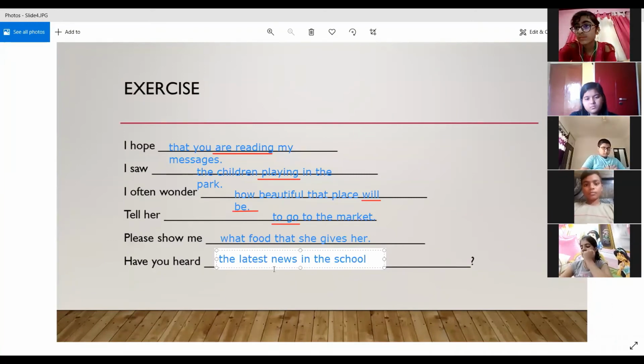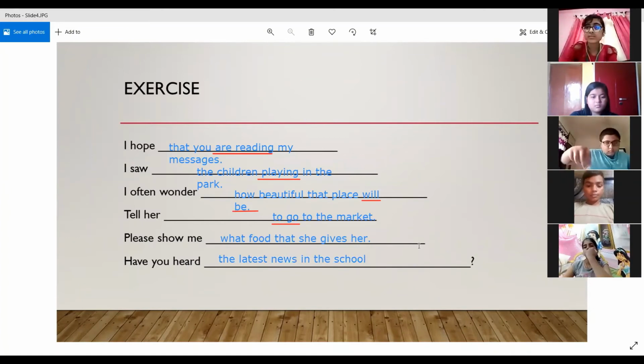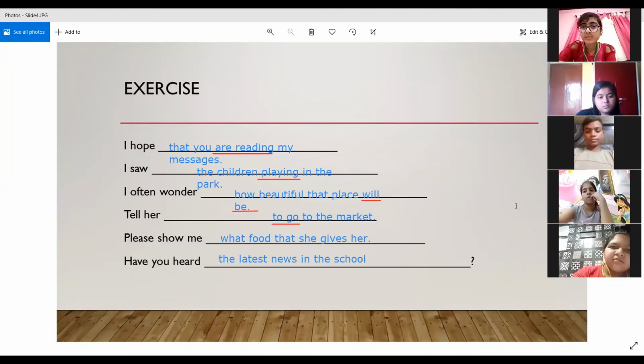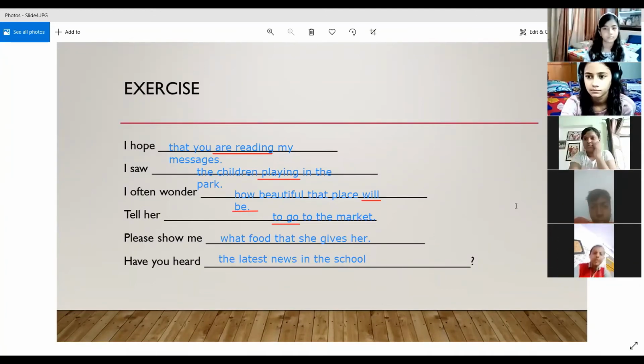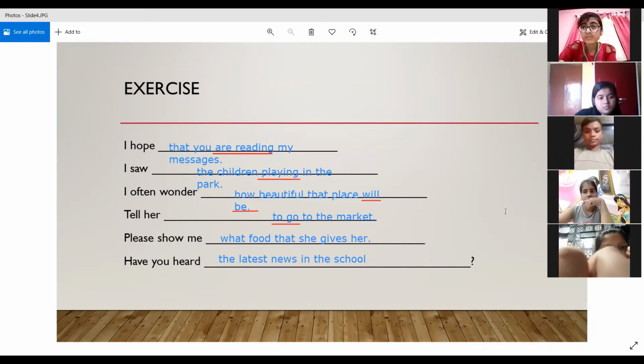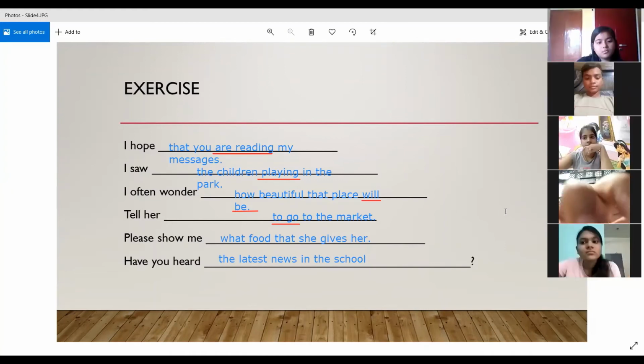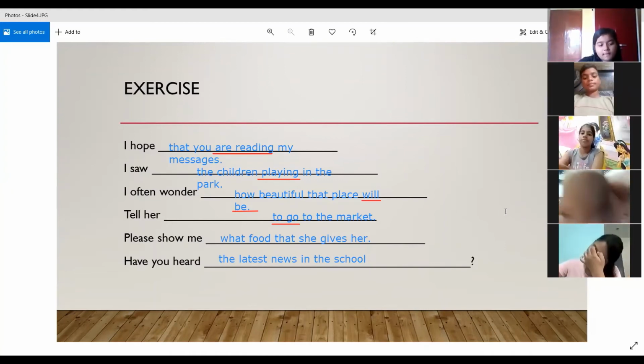How many of you agree that this answer is correct? Does anyone agree that the answer is correct? No? Okay, then I am going to ask for the reason why this answer is not correct. Sneha will tell me the reason.